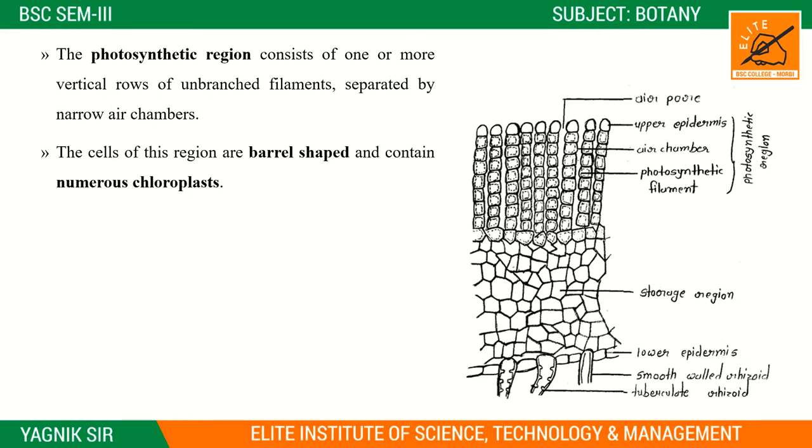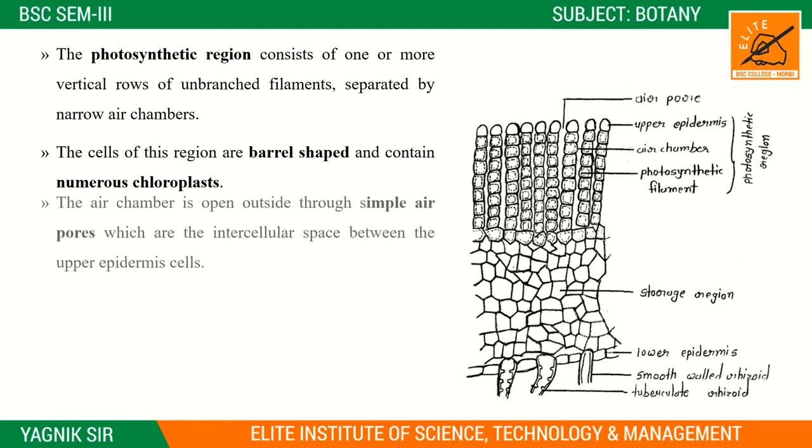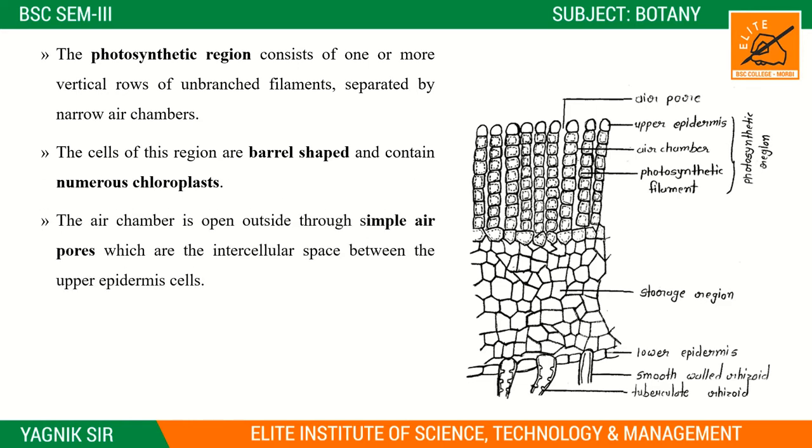The cells of this region are barrel cells, right? And they contain numerous chloroplasts, and these chloroplasts are mostly discoid. The air chamber opens to the outside through simple air pores, which do the work of exchanging gases, air, right?